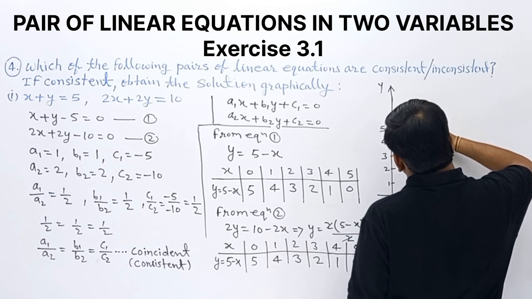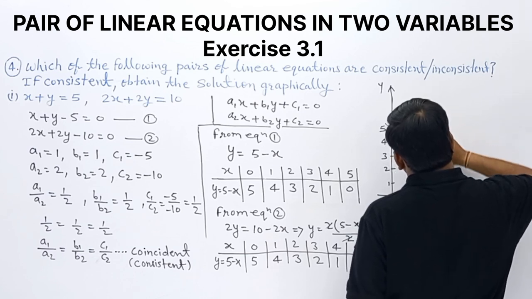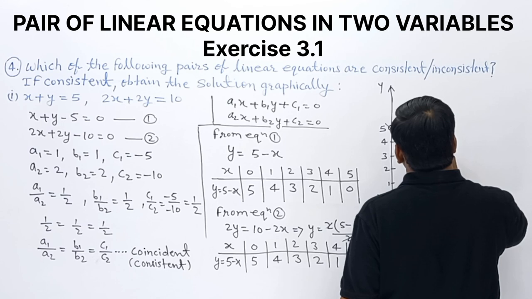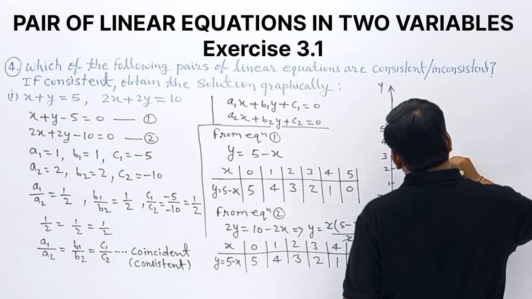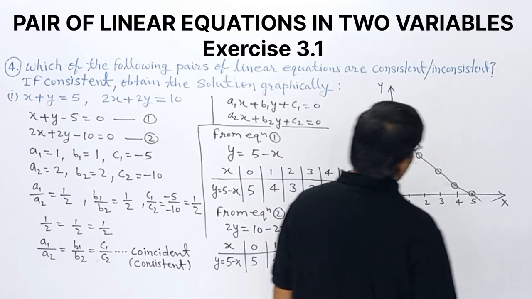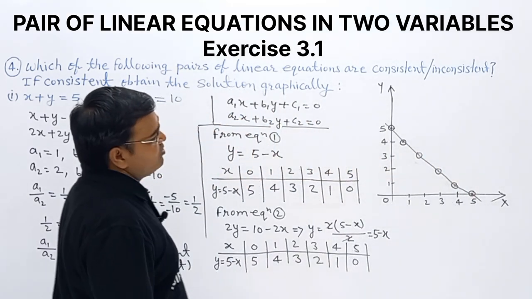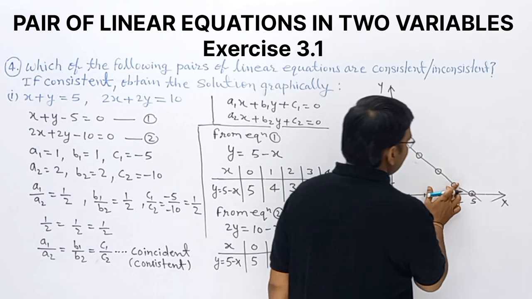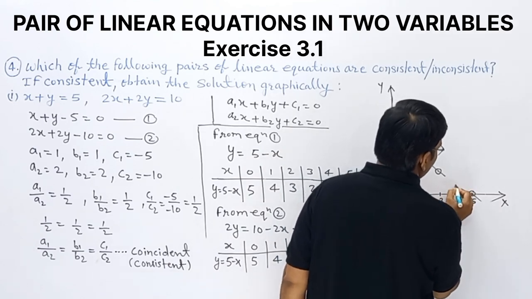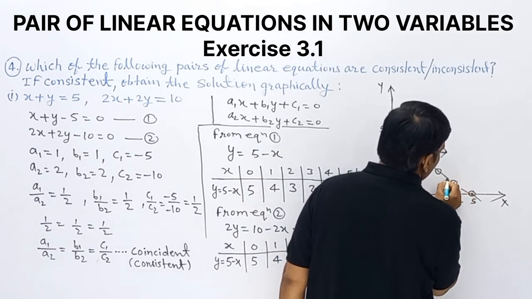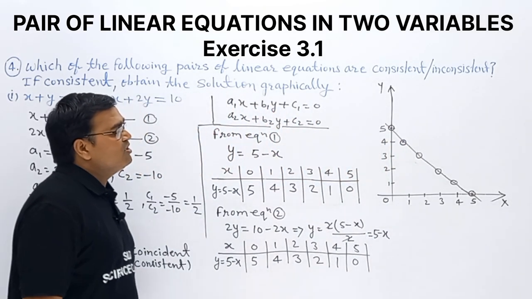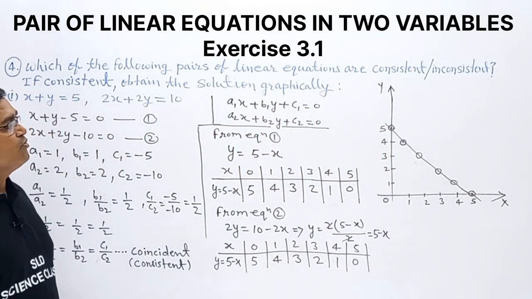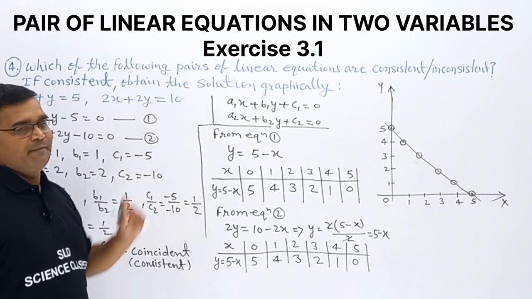So once we connect all the points, what are we getting? We are getting a straight line like this. Clear? This line is for equation 1.